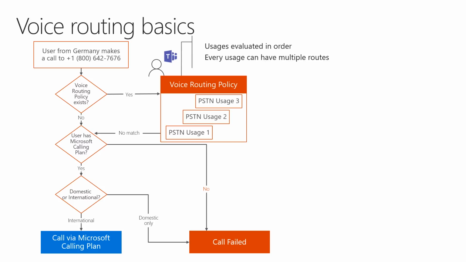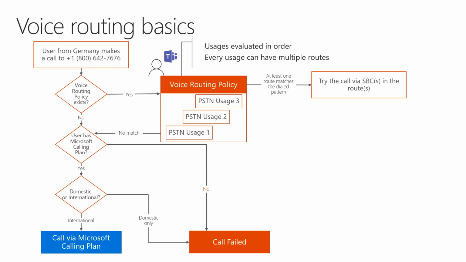If there's no match, it means that this user doesn't have any voice routing policy that allows them to dial this phone number, then we go back to the check if the user has a calling plan, and then the call will either fail if there is no calling plan or if there's just a domestic one, or the call will succeed via Microsoft calling plan if there's an international calling plan.